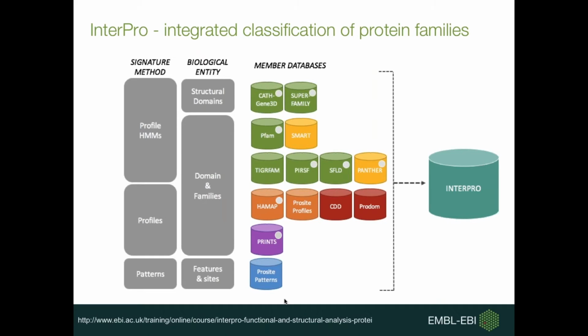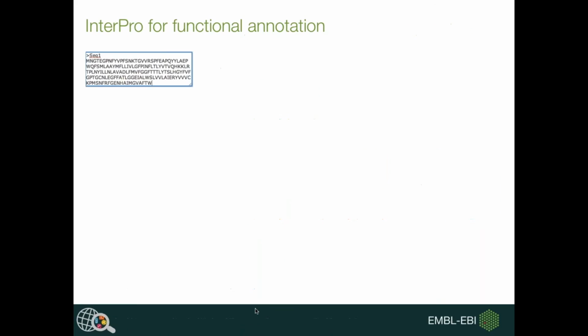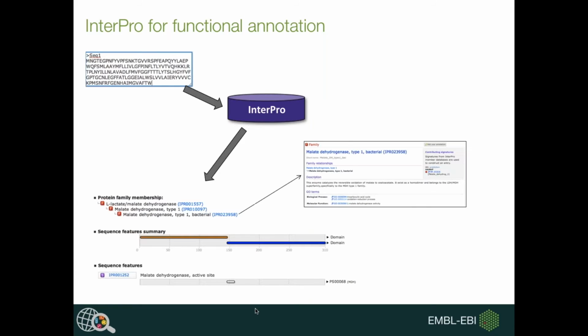Again, I've given you a link at the bottom which has more information if you're interested. Essentially, the idea is you take your sequence, you search against InterPro, and you get back a set of hits which explain the family to which your sequence belongs, with some functional contextual information. What can you infer for your sequence based on this family membership?